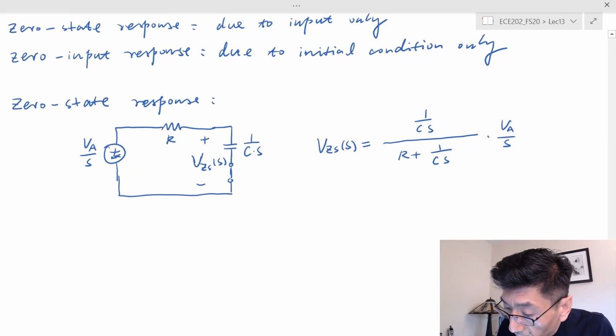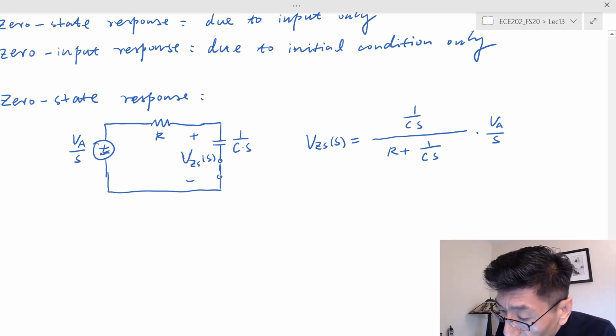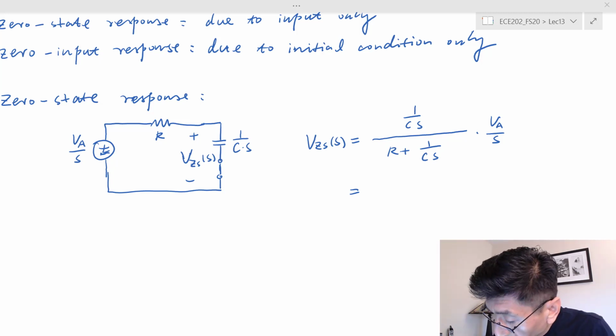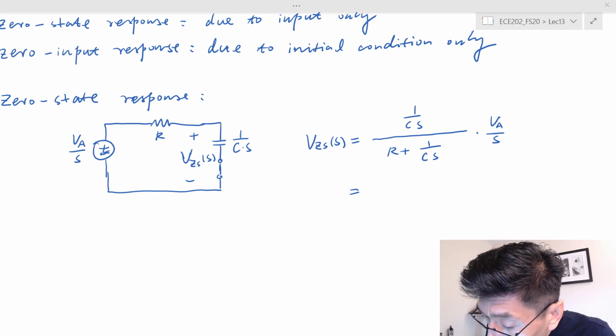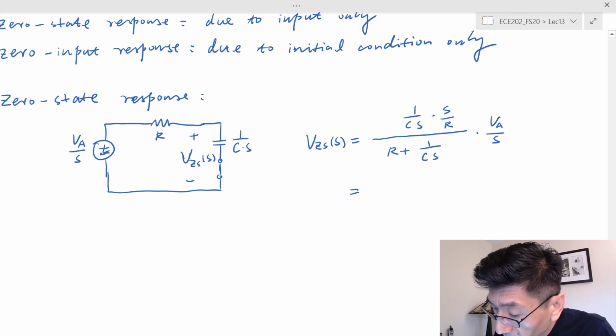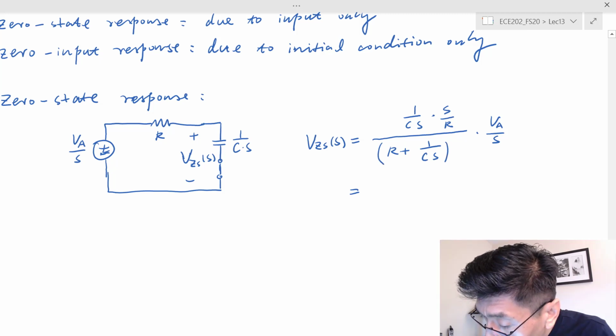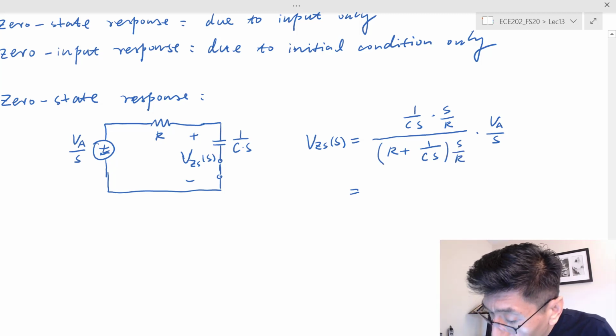And in this case, let's see if we can get a better form of this. What I do is I multiply this by S and divide it by R. I do the same thing for the denominator also.